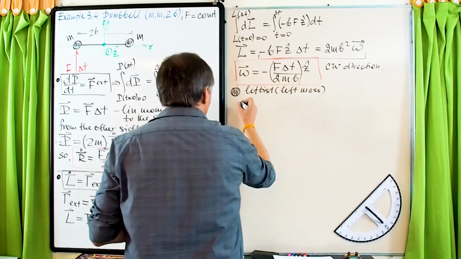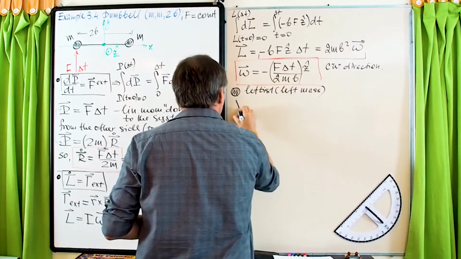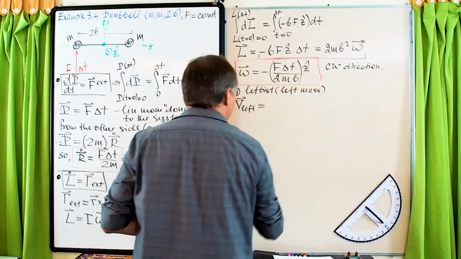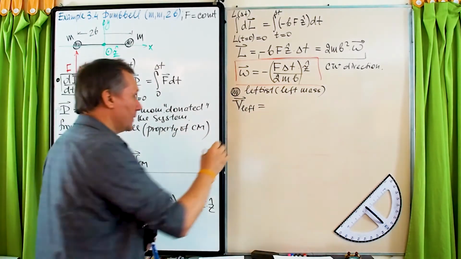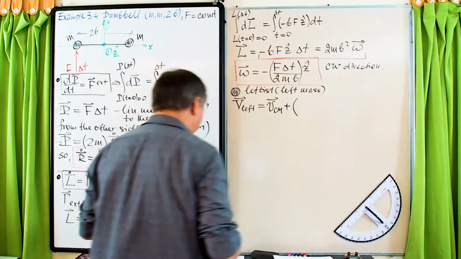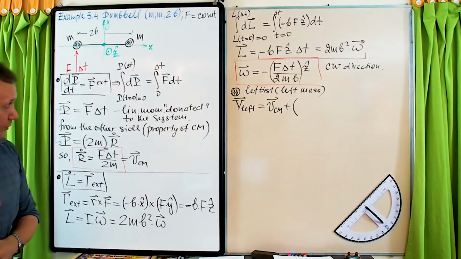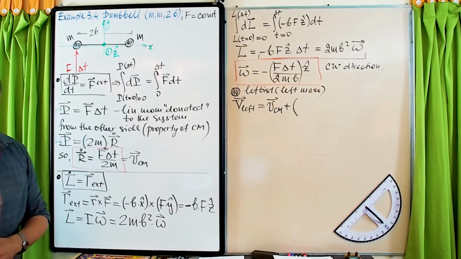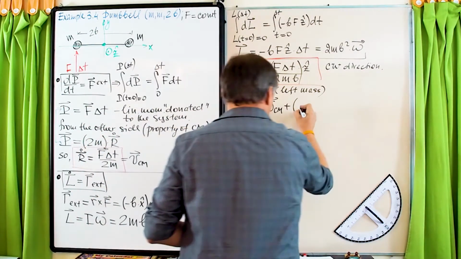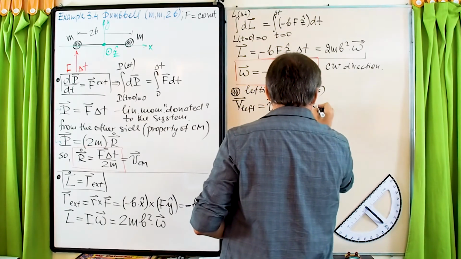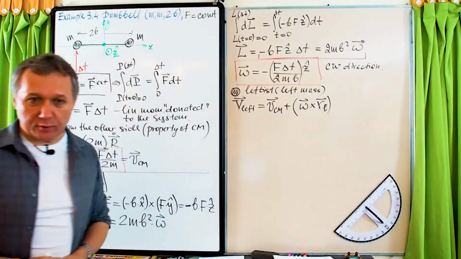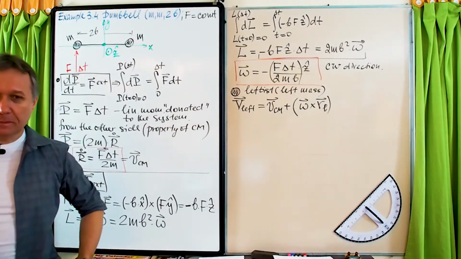So, which way I wrote v left. V vector left equals v center of mass, the velocity of the center of mass, plus the cross product of omega and r, the position vector of the left mass. Omega cross r with the subscript L. L stands for left. Yeah, we're discussing the left one.